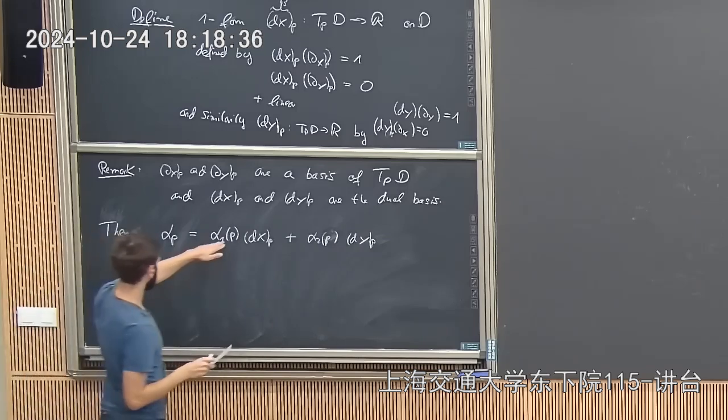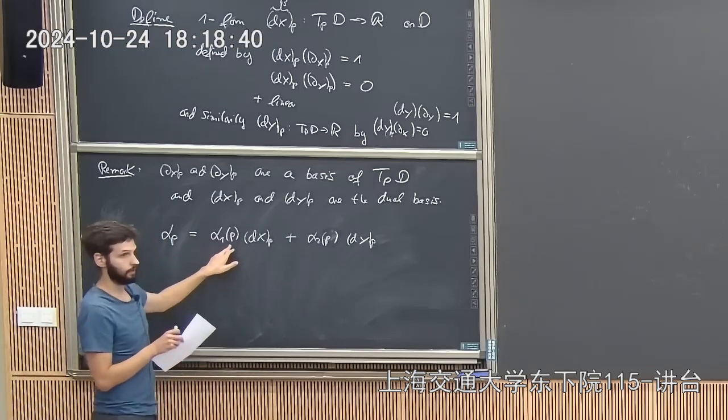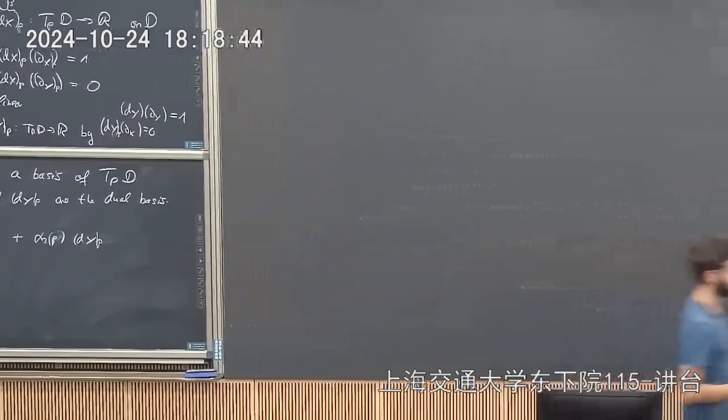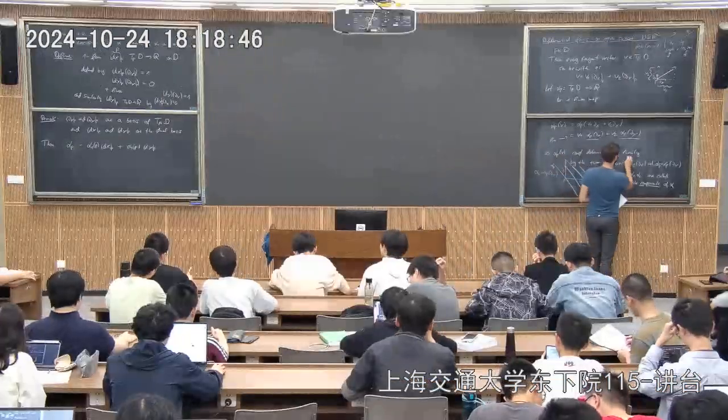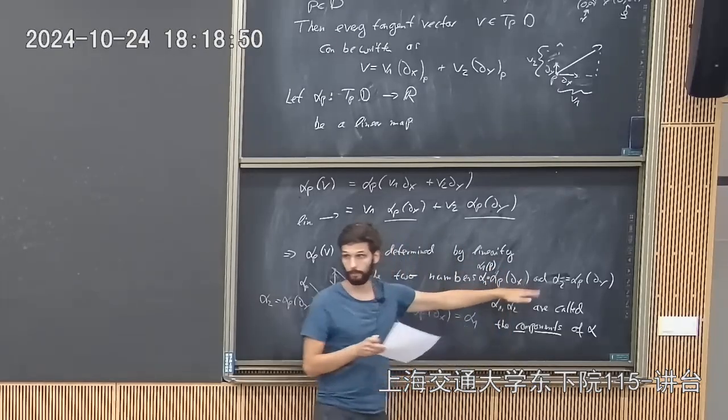Here I really emphasize that these alpha 1 depend on the point. So I should have maybe written alpha 1 of p already, because of course the right-hand side depends on p.